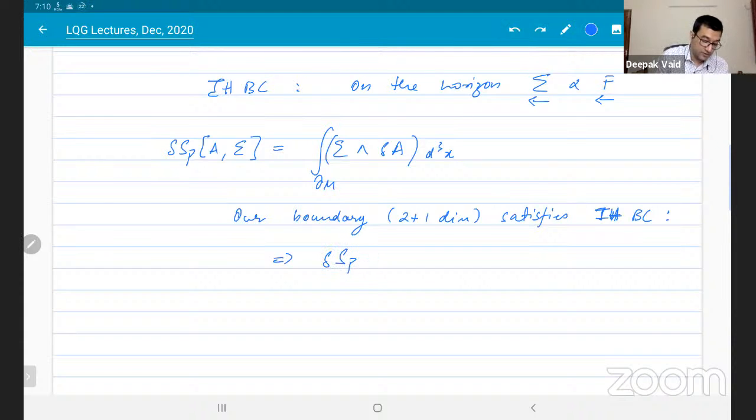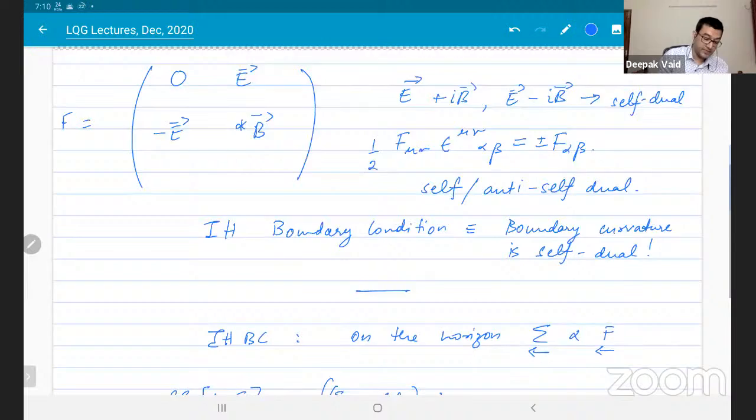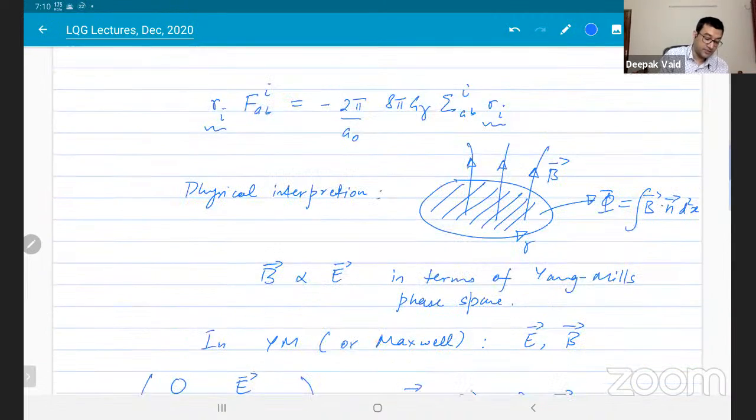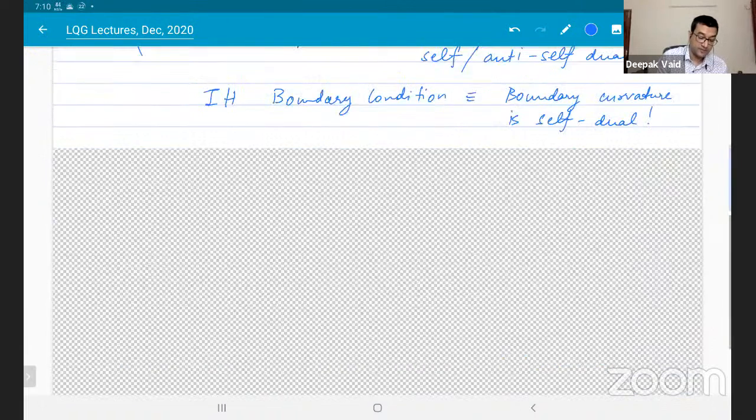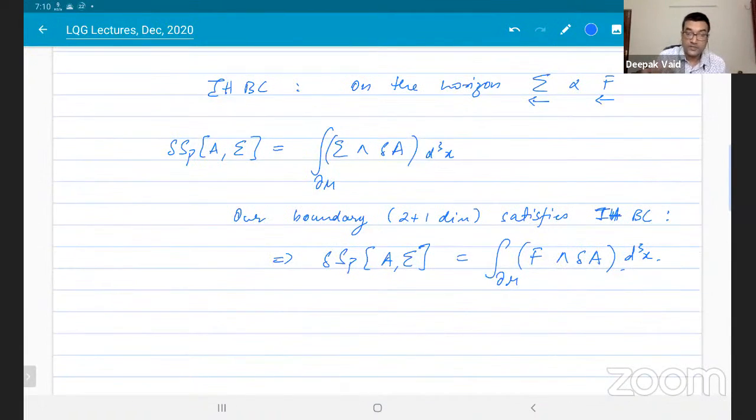that your boundary term can be written as F wedge A, d cubed x, right? Because that is what the boundary condition says. It says that F is proportional to sigma, where sigma is called a bivector.